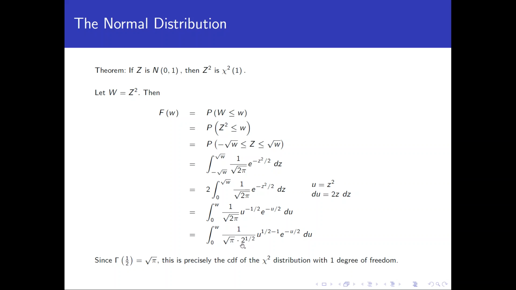I have 2 to the r over 2 here, so 2 to the 1/2, and I have u to the r over 2 minus 1 in both of those spots. So I really do see the chi-squared distribution here with 1 degree of freedom. The r here would be replaced with the 1. We're going to do more problems with these in class, but this gives you the theoretical background on the normal distribution and how it connects to the chi-squared.